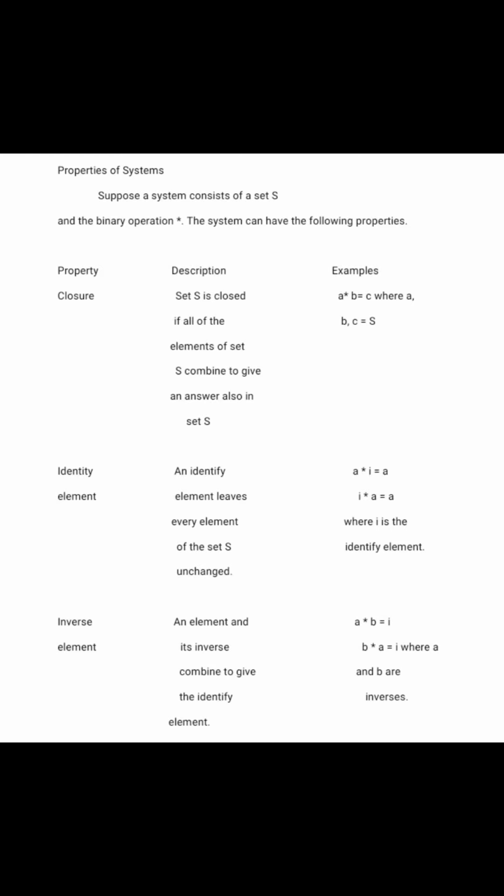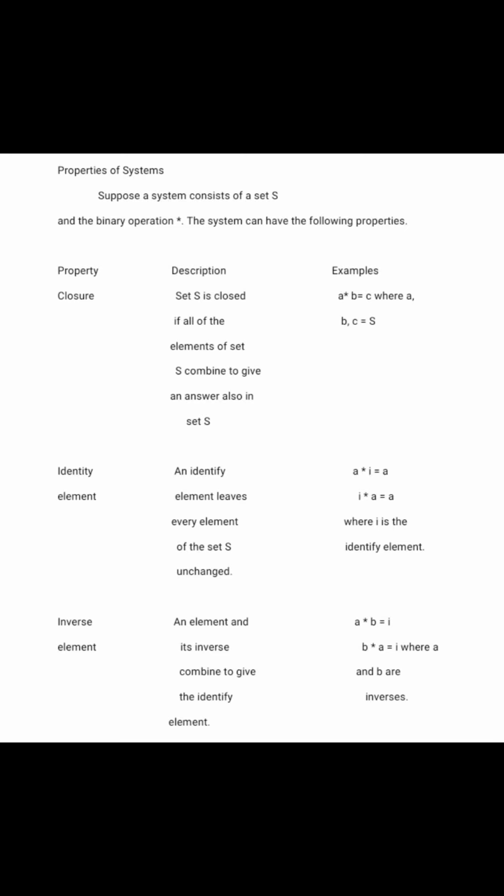An identity element leaves every element of the set S unchanged. Example: A times I equals A, I times A equals A, where I is the identity element.